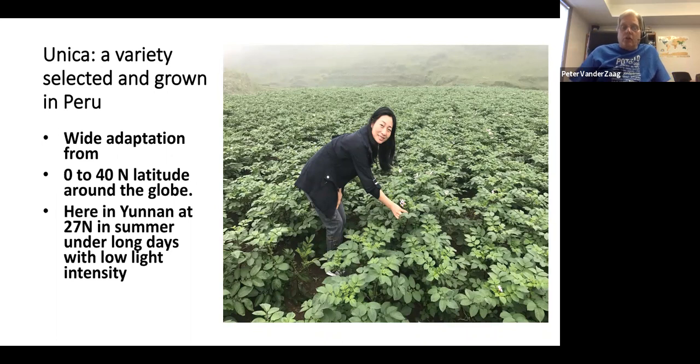So this variety is showing a contrasting kind of behavior. The genetic makeup makes this one less sensitive to photoperiod. And here's a picture taken again in the Shantung area of northeast Yunnan province in the summer season under long days of low light intensity, and it's producing a very nice crop, not excessive foliage. So there are exceptions to how these varieties respond to day length. And to find varieties like this is very desirable because it gives you much more flexibility in where you can grow it.